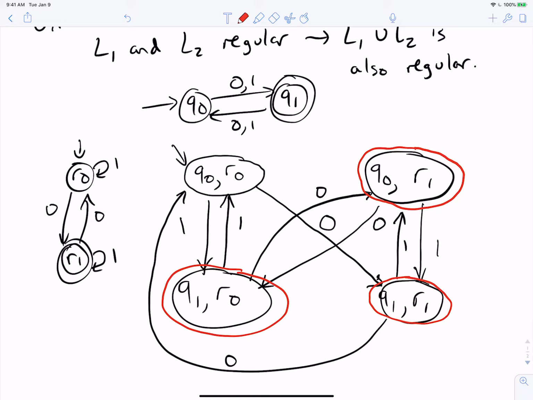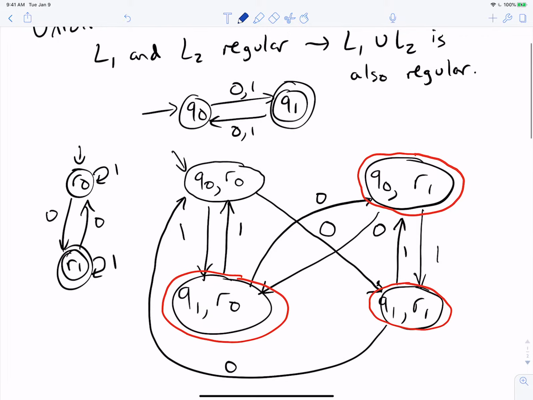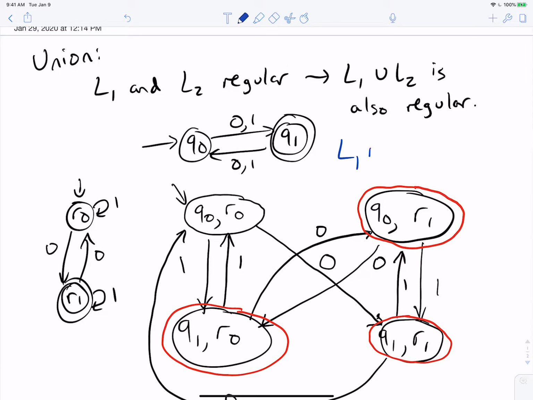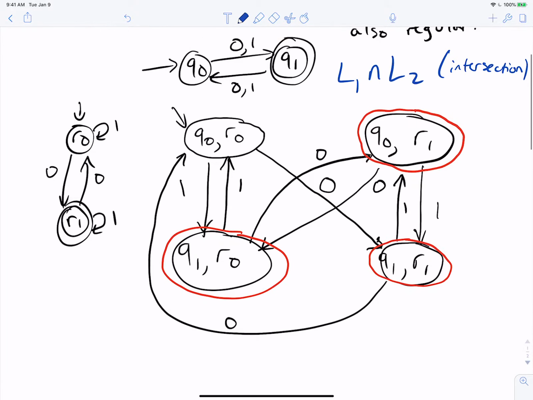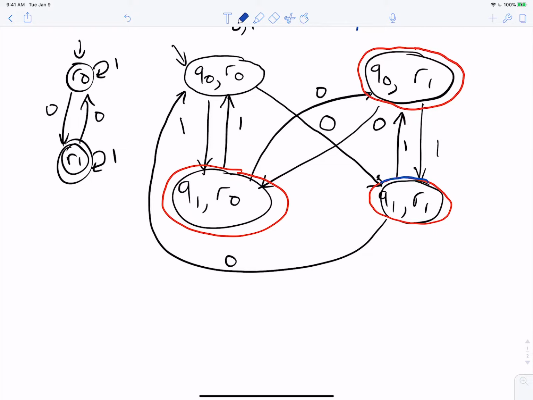Yep, because both of the elements in the tuple, Q1 and R1, are final states in the original 2 machines. Whereas before, it's if one of them is a final state, I don't care about the other one. So the only one for intersection, maybe I put it in blue. So blue for intersection. Then the only one that would be final is this one in the bottom right.